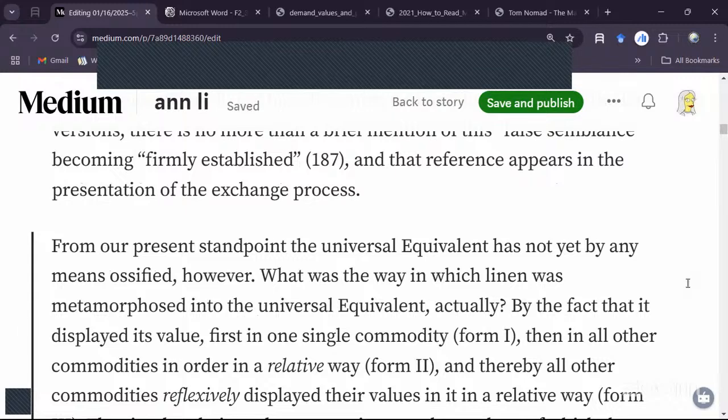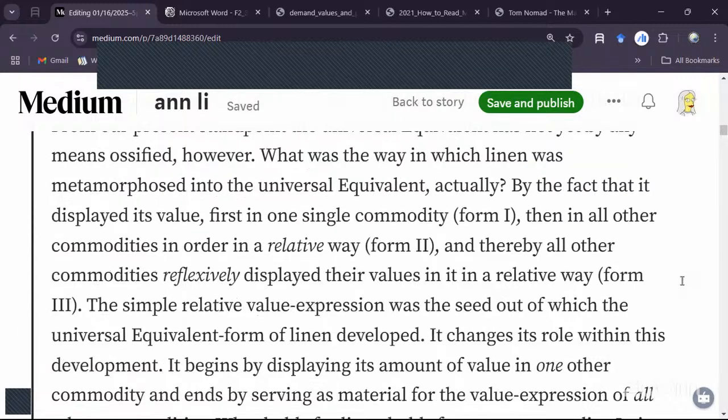What was the way in which linen was metamorphosed into the universal equivalent? Actually, by the fact that it displayed its value first in one single commodity, form 1, then in all other commodities in order in a relative way, form 2, and thereby all other commodities reflexively display their values in it in a relative way, form 3.